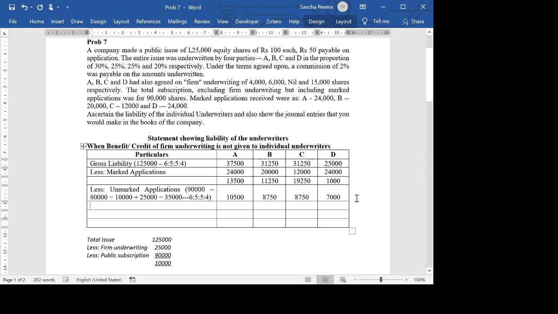So we minus this. If I minus this, it will be 13,500 minus 10,500 will be 3,000. This will come to 2,500. This will come to 10,500.